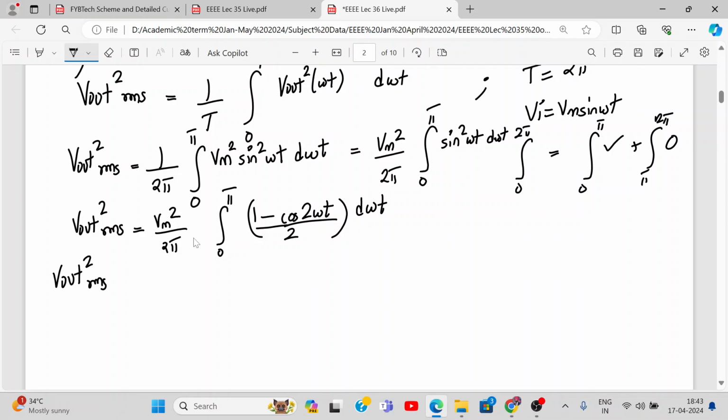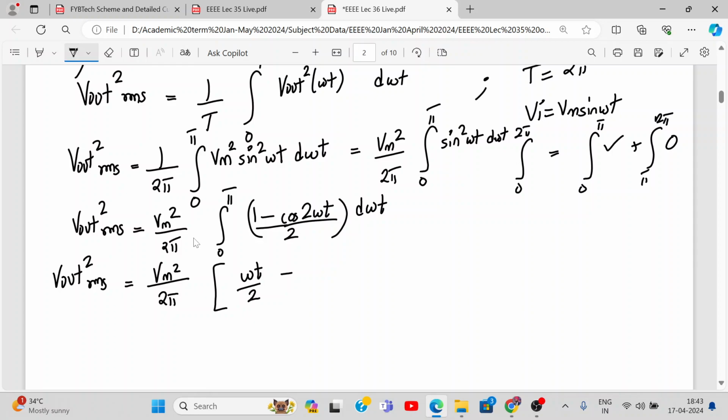V out square RMS is Vm square, this 2 as it is, let it be, divided by 2 pi. So first integral will be omega t by 2 minus, what is integral of cos?